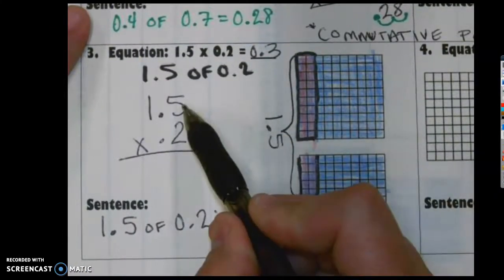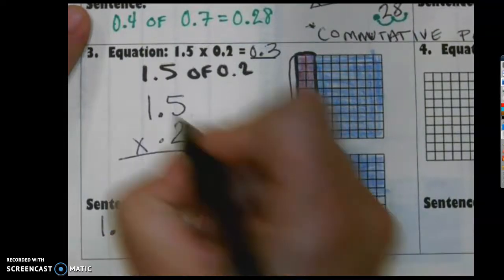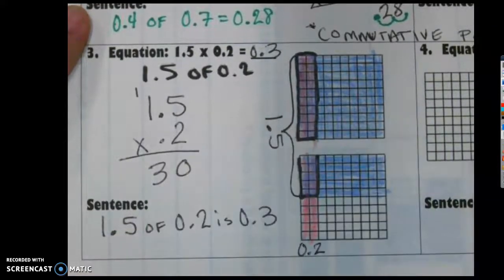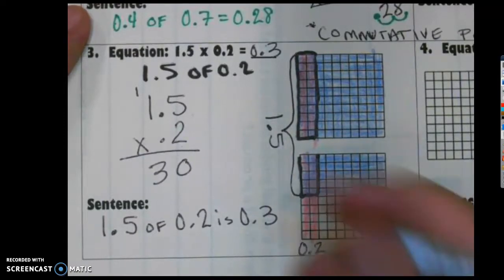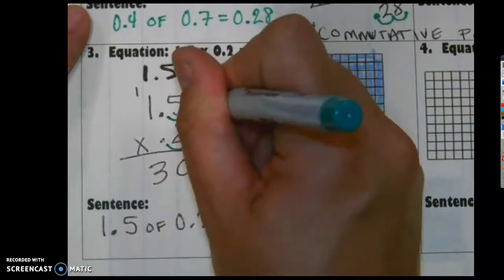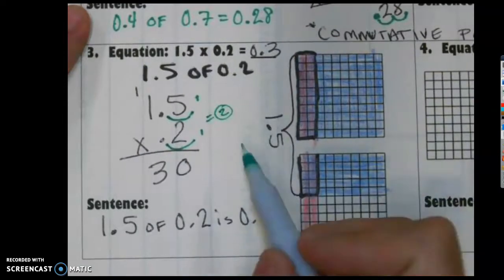Well, let's multiply it. So remember I ignored the decimals. 5 times 2, 10. Carry my 1 is 3. You do not bring the decimal straight down, okay? That's adding and subtracting decimals. Okay, again, I want to see how many digits are behind the decimal. There's 1 here, so altogether 2. Show all these little steps here.